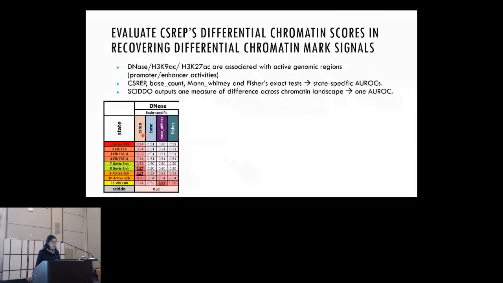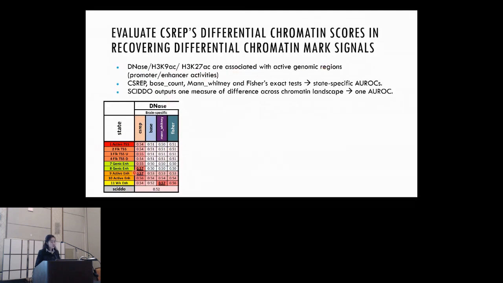So here I'm showing that the metric of evaluation is AUROC, and we're showing the AUROC for different methods in recovering regions that are associated with brain-specific DNase peaks. And we know that DNase, H3K9ac and H3K27ac are all chromatin marks associated with active genomic regions.